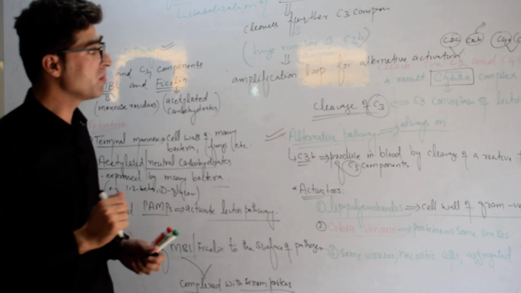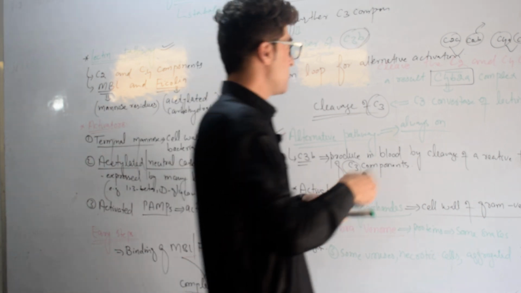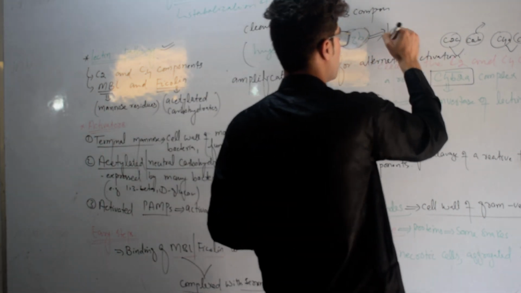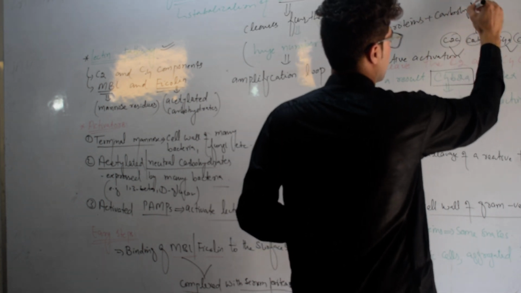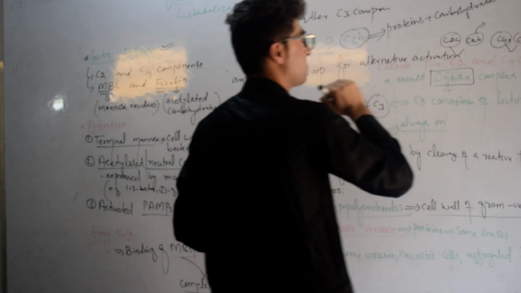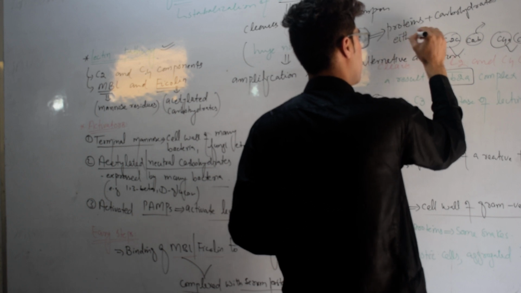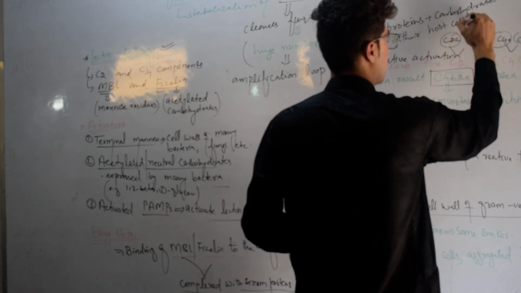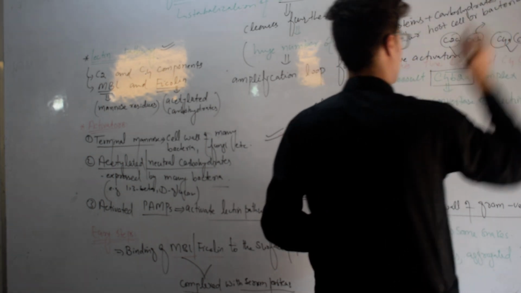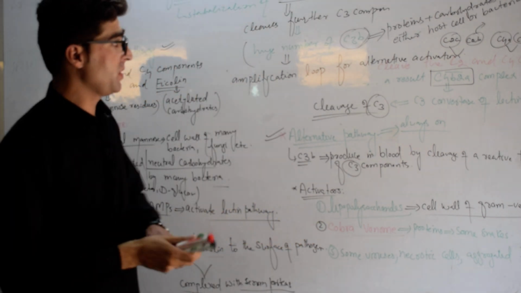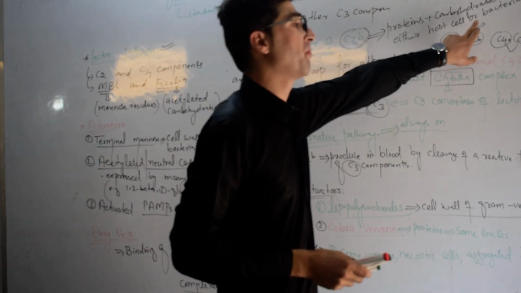And one thing more, this preformed C3b can attach to proteins or carbohydrates expressed by either the host cell or the bacterial cell or pathogen. So this C3b can attach to both the surface of host cells and pathogens.